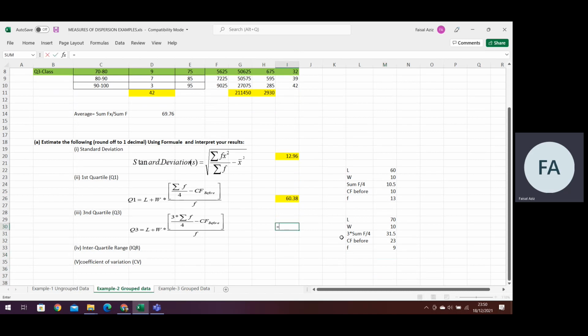So the formula says L plus W. L is 70, plus W, which is the width, is 10, multiplied by 3 summation f by 4.